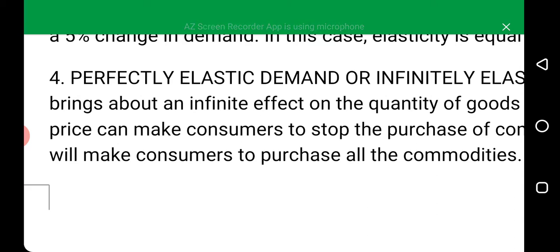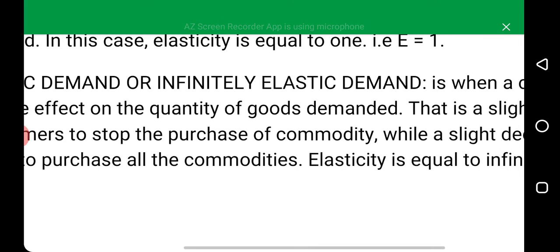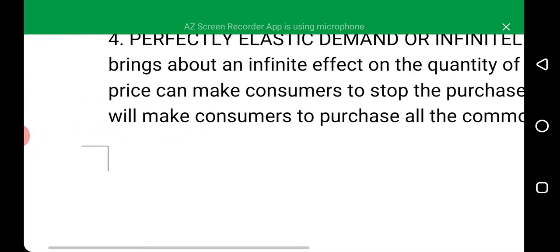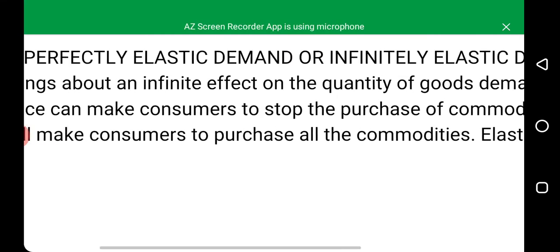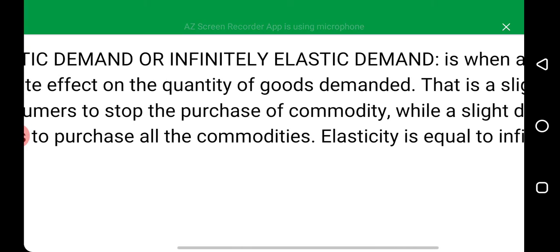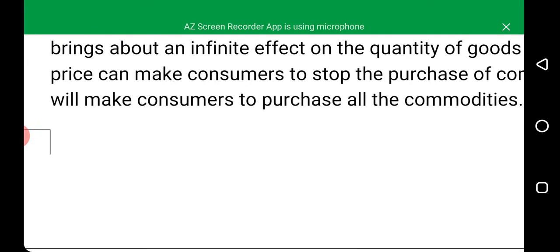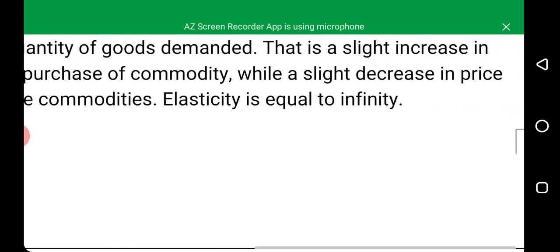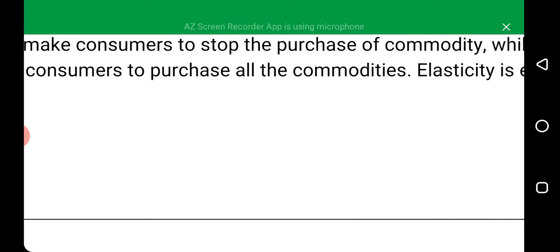Number 4, perfectly elastic demand. Perfectly elastic demand or infinitely elastic demand is when a change in price brings about an infinite effect on the quantity of goods demanded. That is, a slight increase in price can make consumers stop the purchase of such a commodity, while a slight decrease in price can make consumers purchase all the commodities.